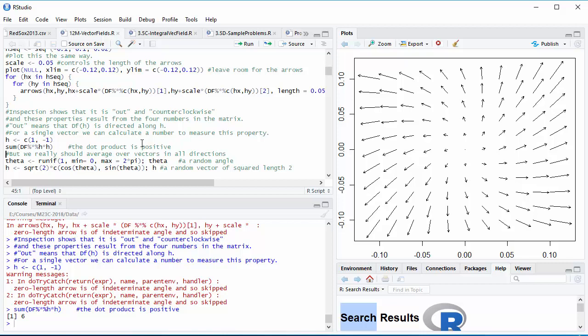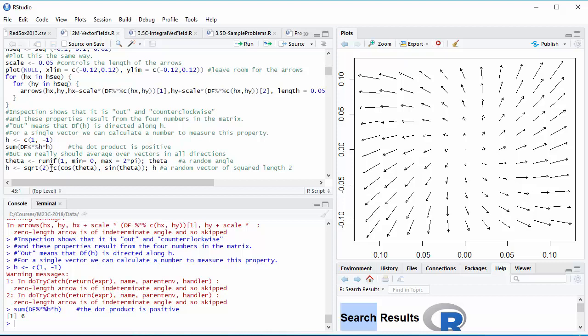But what we really should do is average over increment vectors in all directions. In 2 dimensions, this is easily done. What I'll do is generate a random angle by using a uniform distribution in 0 to 2 pi. And then I will generate a randomly oriented increment vector.